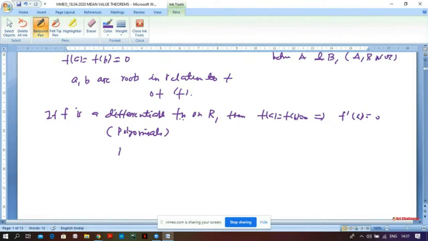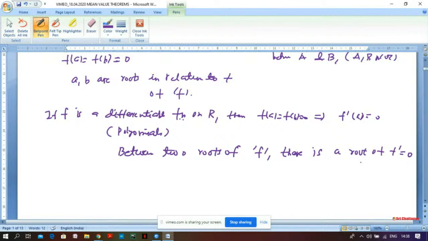It means between two roots of f, there is a root of f' equal to 0. So between two roots of f, there is a root of f'.